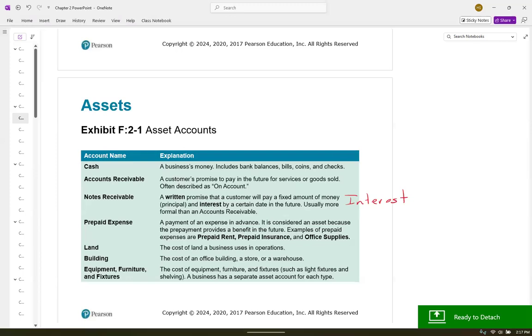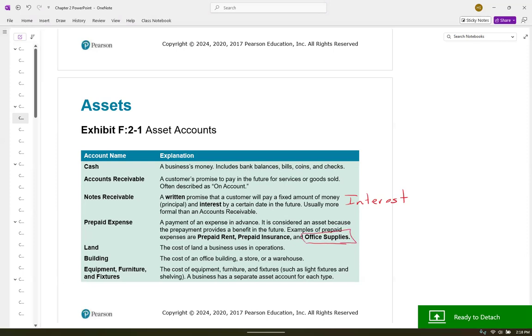Notes receivable could be short term or long term. It could go out 5, 10 years. So there is going to be an interest element to a notes receivable. It is a written promise that a customer will pay a fixed amount of money and interest by a certain date.